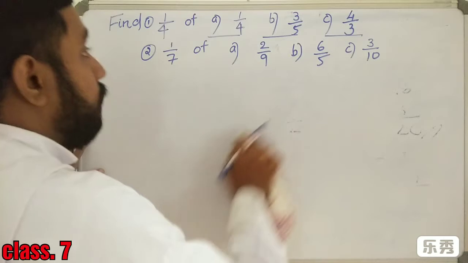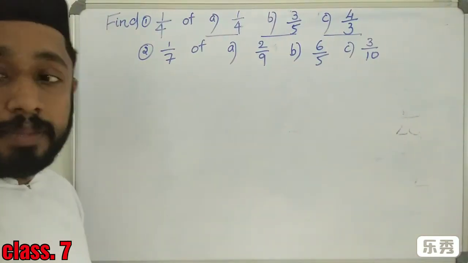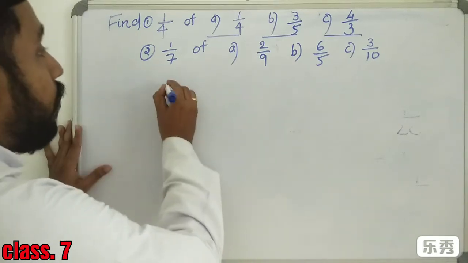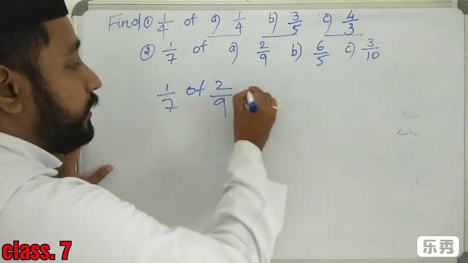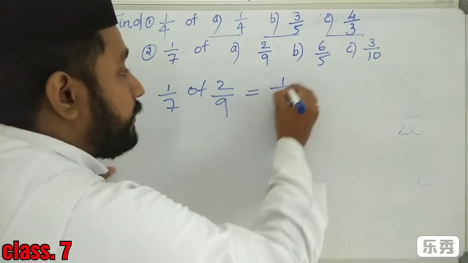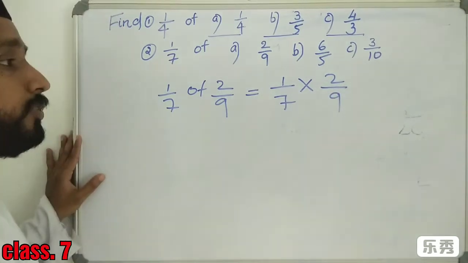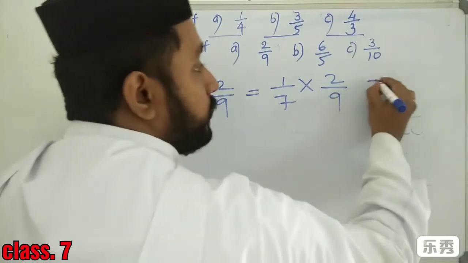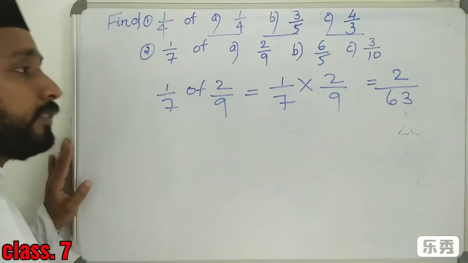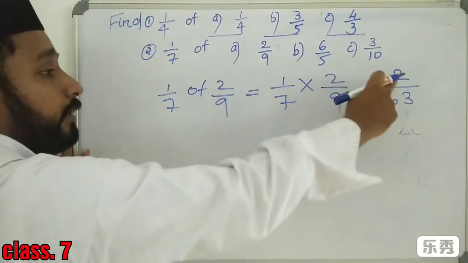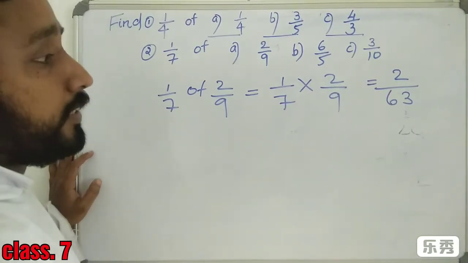Let us discuss 1 by 7 of 2 by 9, which is equal to 1 by 7 into 2 by 9, which is 1 into 2, 2, 7 into 9, 63. Multiply the numerators and multiply the denominators.